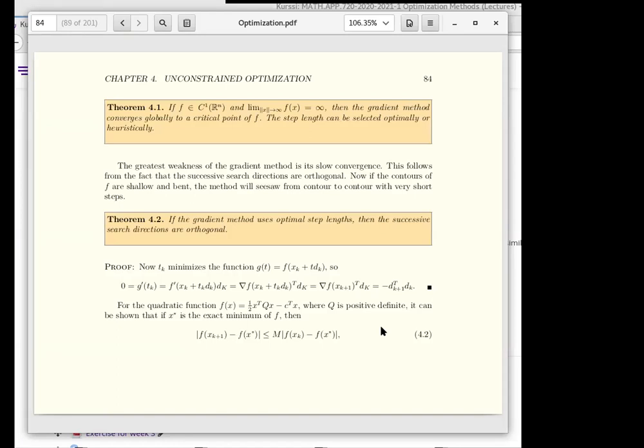One of the things that is beautiful is that if we have a continuously differentiable function, that's C1 in Rn, and one that goes to infinity in all directions, meaning no matter how far you go, no matter what direction you go in, if you go far enough, the function will grow.